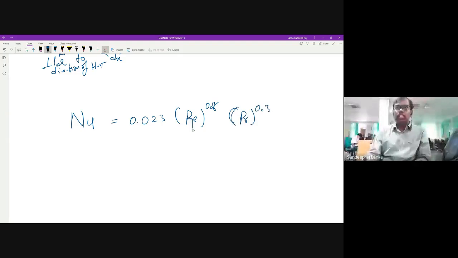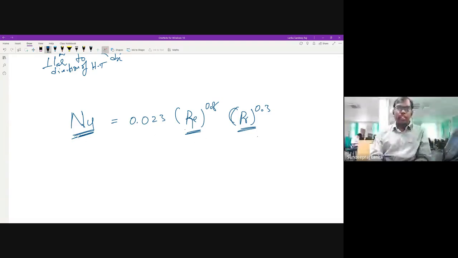See, what you are seeing here is a numerical correlation. This is the Nusselt number on this side, here you have the Reynolds number, here you have the Prandtl number. Finding this H value, as I said, is a very complex thing. That is the reason why people have gone for non-dimensionalization. Nusselt number, Reynolds number and Prandtl number are non-dimensional parameters.